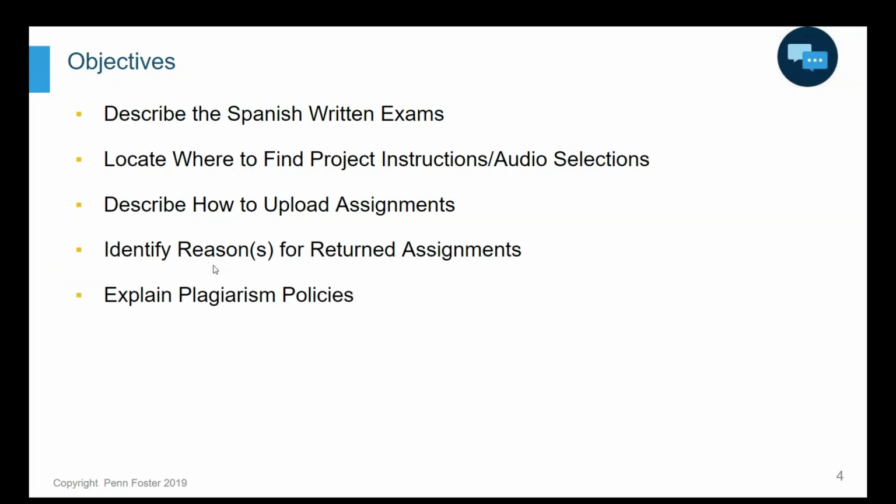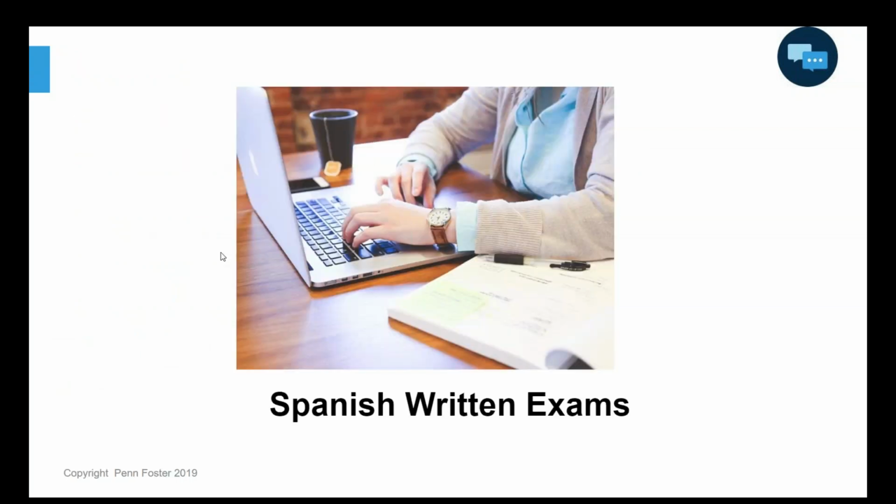Everything you need to know regarding plagiarism within the Spanish course, but also within Penn Foster altogether. And finally, we'll give you some tips for success and end with any questions that you may have at the end. So without further ado, we'll get started now with the Spanish Written Exam webinar.